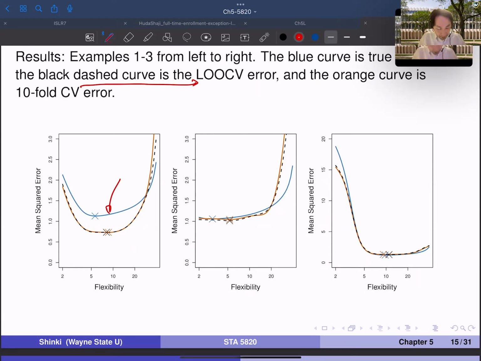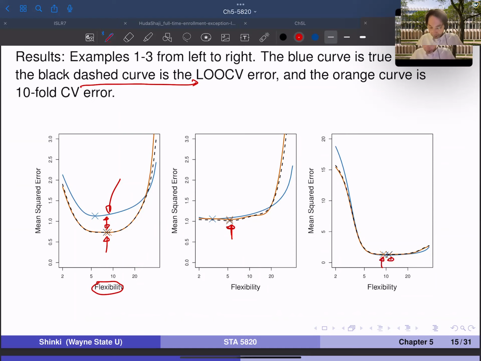Still, we have some discrepancy between the truth and our cross-validation, but in terms of comparison of the 2 cross-validation methods, these are really similar, and actually they select almost the same model, maybe slightly different, but I think maybe it's the same if flexibility is an integer. And here also the same for the second data set we have seen, and the third data set.